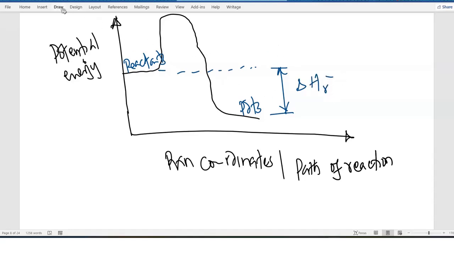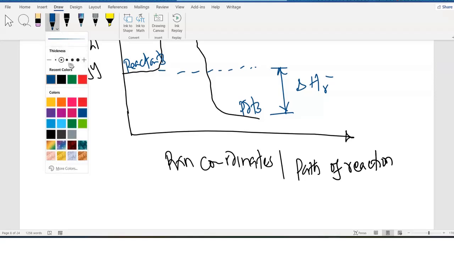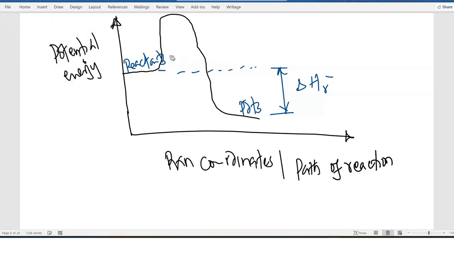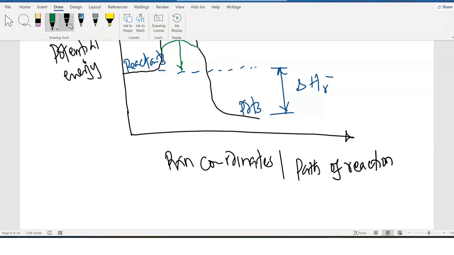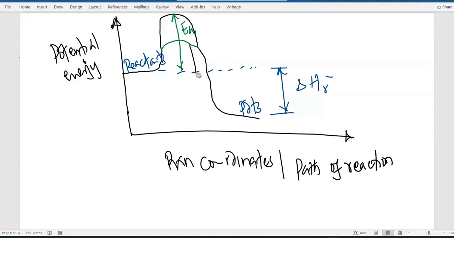So when you introduce a catalyst, first of all, the activation energy before is going to be there. And then when you introduce a catalyst, the activation energy is going to reduce.